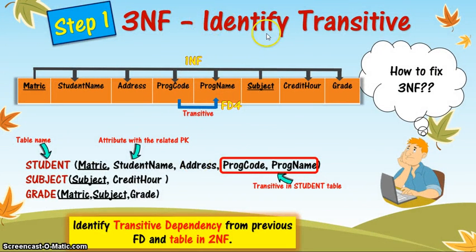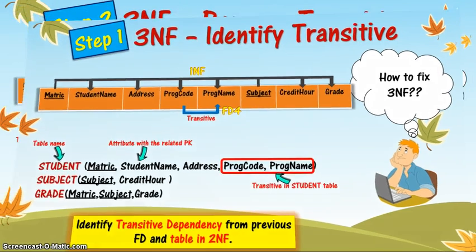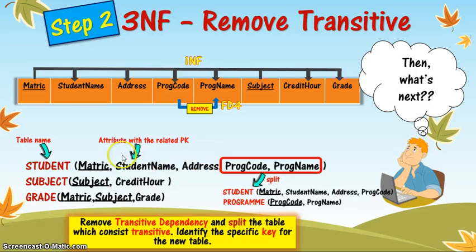Okay. Next is 3NF. You have to identify the transitive first. We have one transitive here: prop code determines prop name. Okay, what to do? How to fix it? So you have to split. Split from the table student the prop code and prop name. You split into another two tables: student with matric, student name, address, and you have to leave the foreign key for prop code.